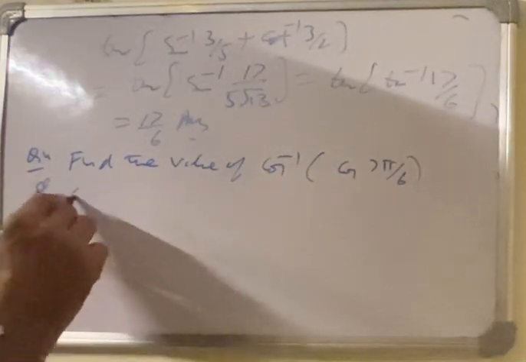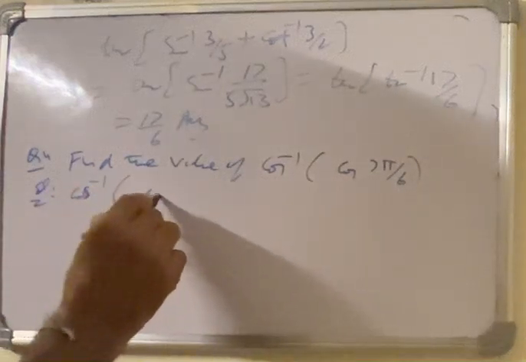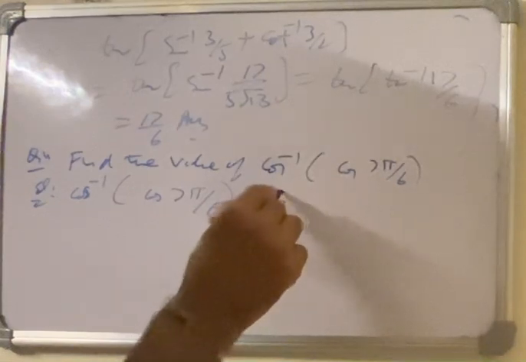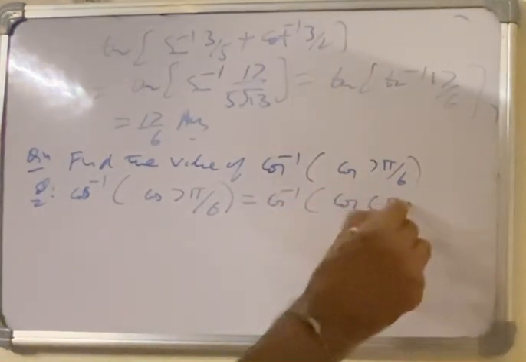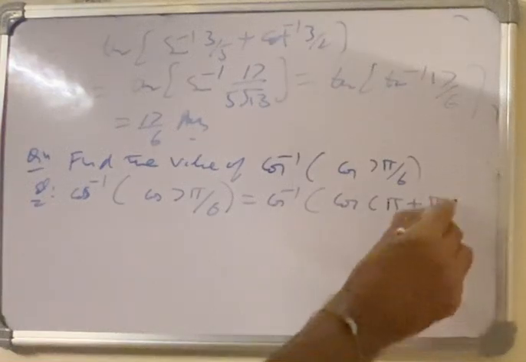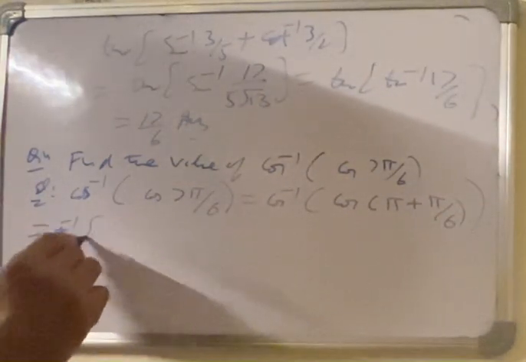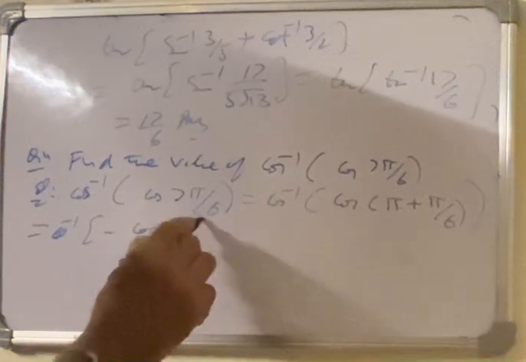Solution. Cos inverse cos of 7 pi over 6 is equal to cos inverse cos of pi plus pi over 6. This is the third quadrant. Cos inverse of minus cos pi by 6.